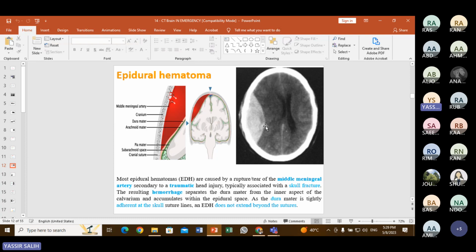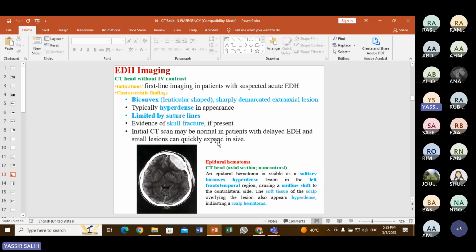So this is the characteristic feature of epidural hematoma because it is biconvex. For epidural hematoma, the first line imaging in a patient with suspected acute epidural or extradural hematoma is CT head without contrast.